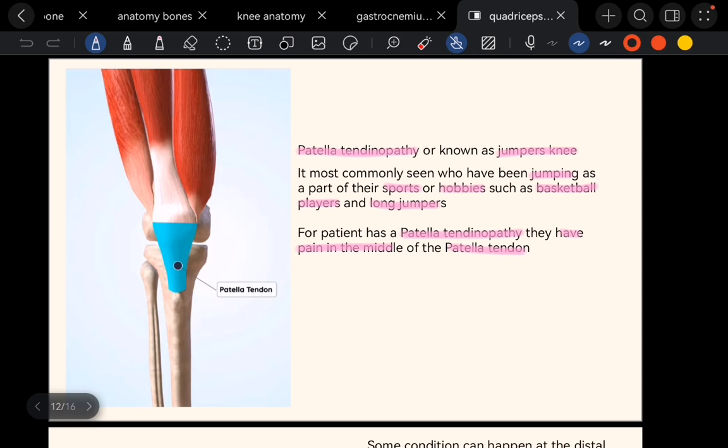Now, a common condition you also can get is basically patellar tendinopathy, also known as jumper's knee. Patellar tendinopathy is a condition due to repetitive movement of the patella, or a cause of overuse as well.